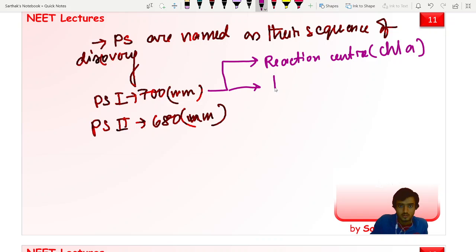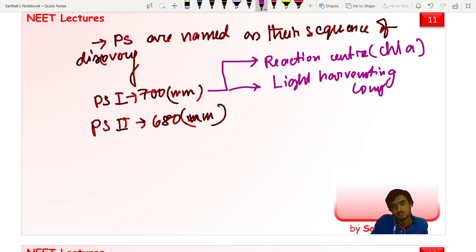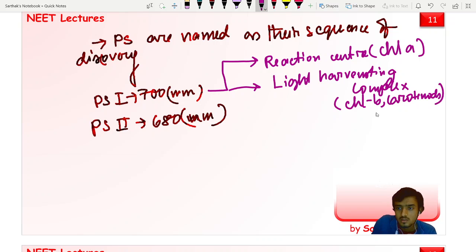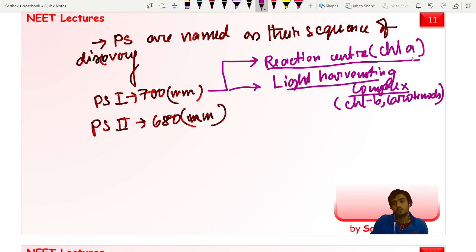There are also some light harvesting complexes, known as accessory pigments, like chlorophyll B, carotenoids, etc. These light harvesting complexes pass the energy to the reaction center to complete the photosynthesis.